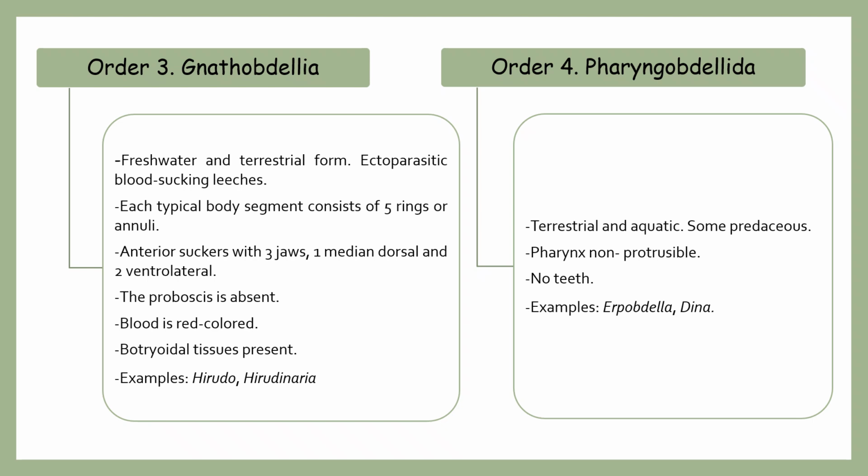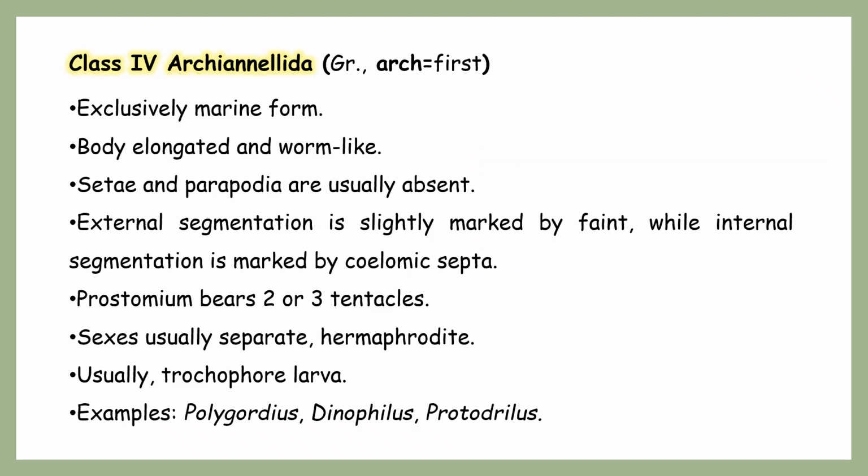Coming to order 4, Pharyngobdellida. They are terrestrial or aquatic, both forms are present, and some of them are predaceous in nature. They don't have any teeth, and the pharynx is also non-protrusible. The example for this category is Dina. Now moving to the next class, Archiannelida. These are exclusively marine forms.